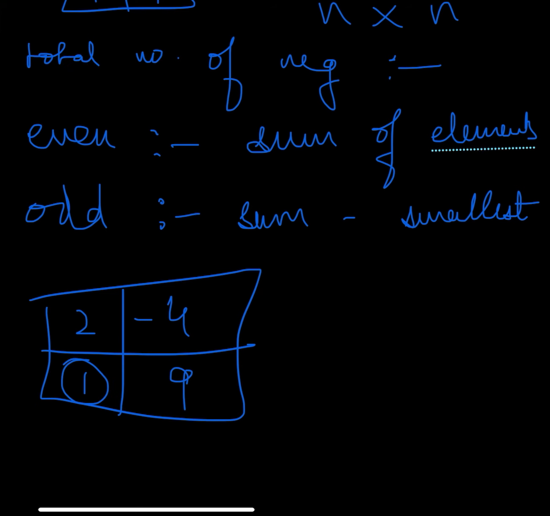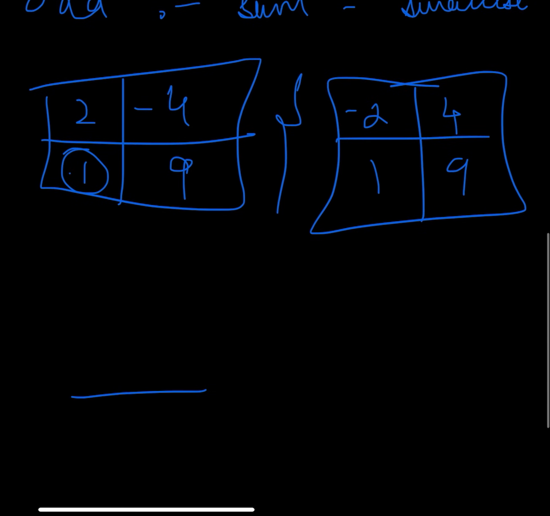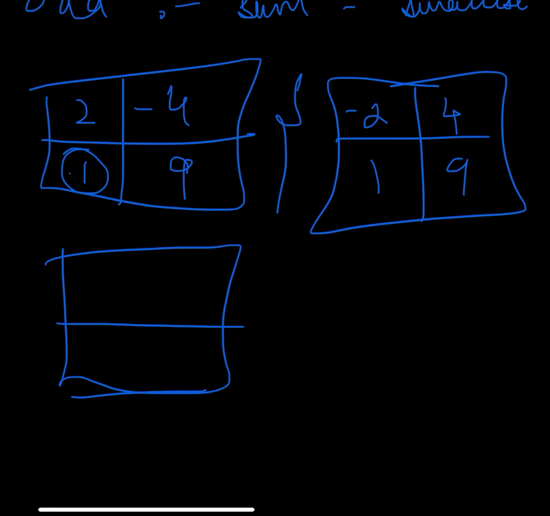Then 1 would have been the smallest, so we would have made it negative. What operations could we have done? First we'll do this for this row, and then we'll do it for this column. So at the end we'll get -1, 2, 4 and 9. Our smallest one would have been negative. So that's the case for the odd one.